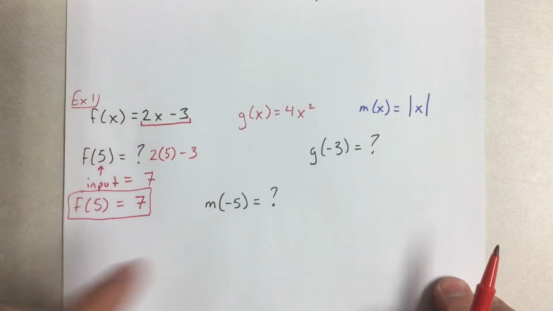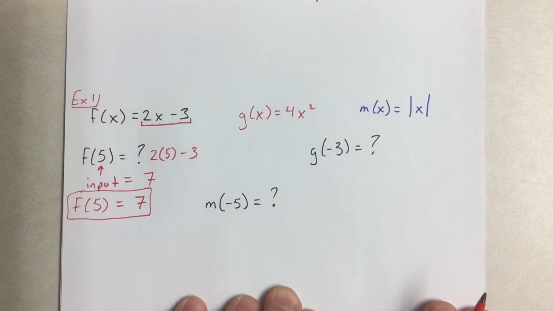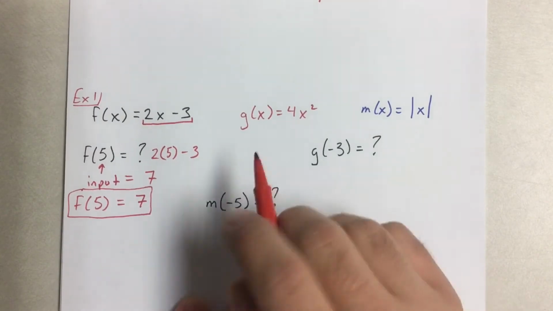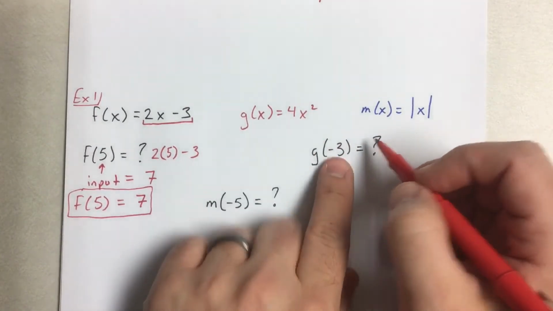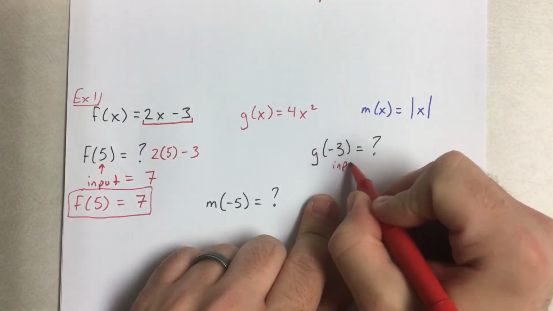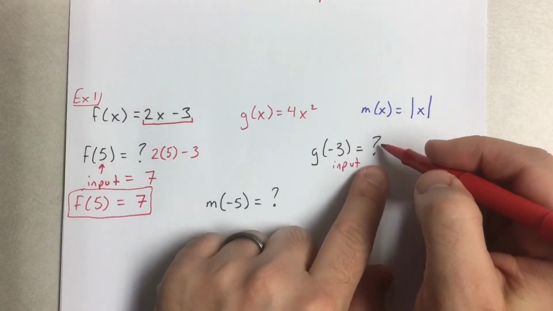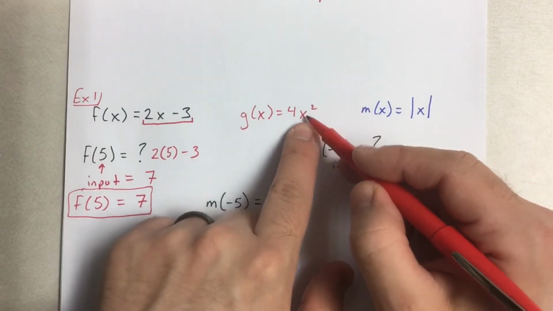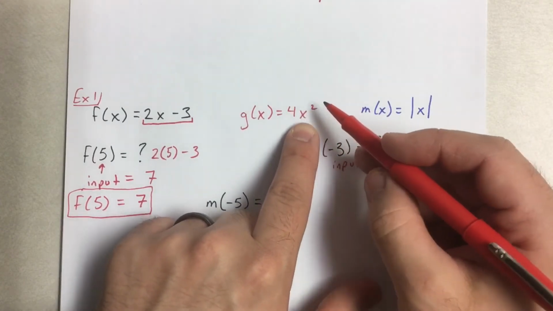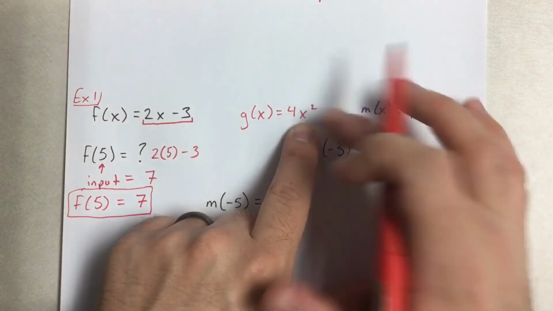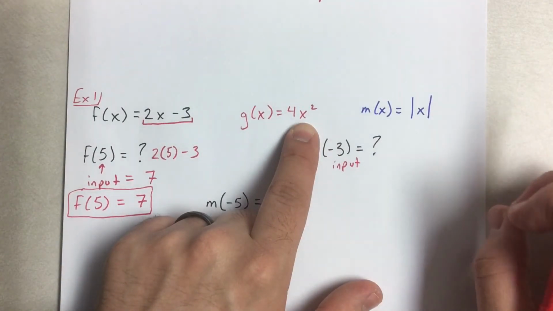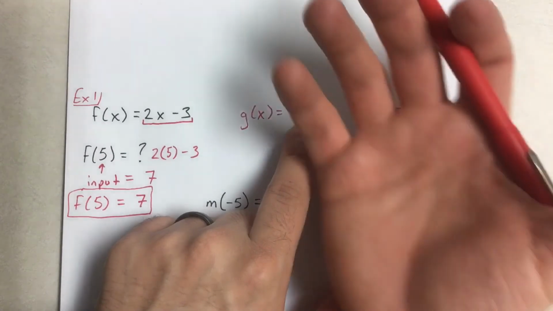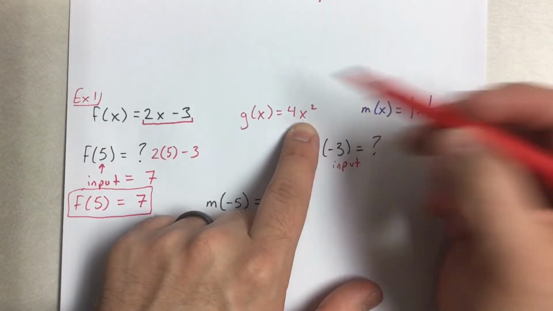All right? So let's look at another. Say we have g of negative 3. So I focus on the g function, and I'm inputting negative 3, and we desire the result. So we place the negative 3 into the function where our x is placed. You can often think of the x here as kind of a little hole where the number goes.